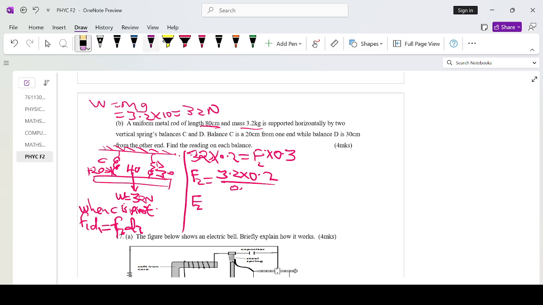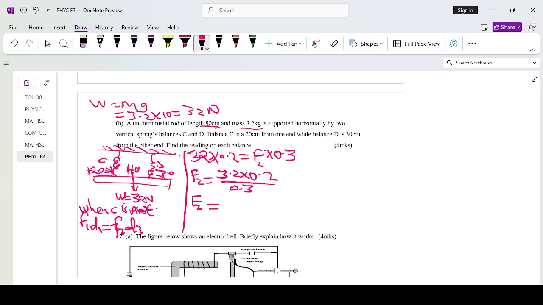It will now be over 0.3. What do you get? Let's see from the computation. That is 3.2 times 0.2 divided by 0.3. Let me just see. Is it making sense? Let this one be the pivot, 20 centimeters away.